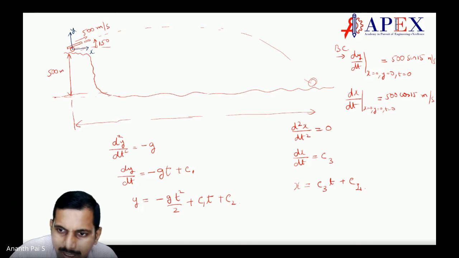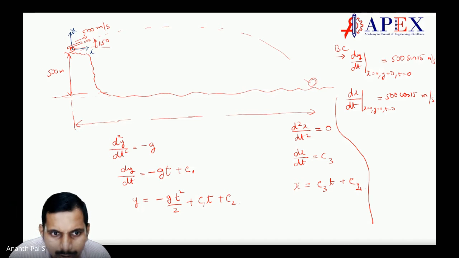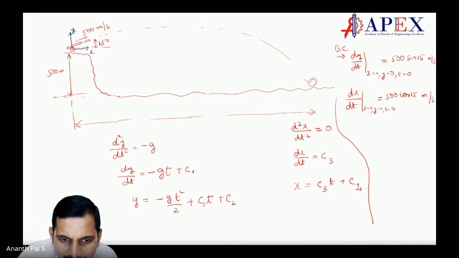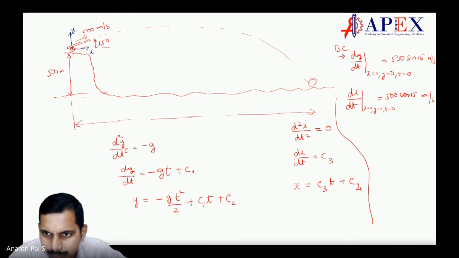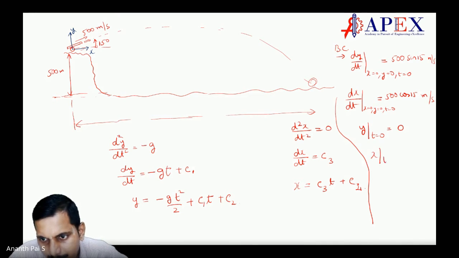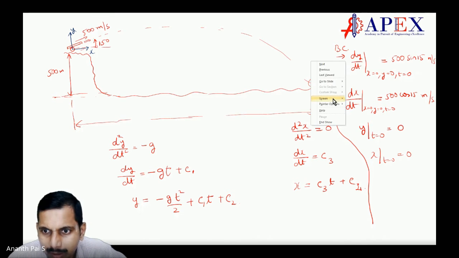How to find c2? y at t equal to 0 is 0, and x at t equal to 0 is also 0.